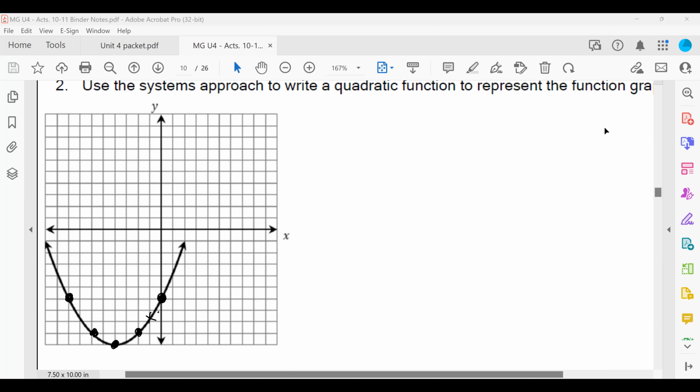Some of these, it doesn't look like it's going perfectly through the corner. When I say corner, I mean like a corner of a box where it's not going to be a decimal, okay? So just to be safe, I would pick these 3 down here to do that one. So we could pick points that are like the same. Yes. All right.